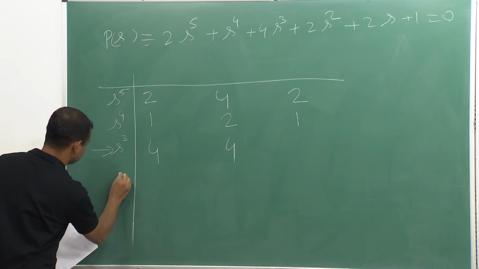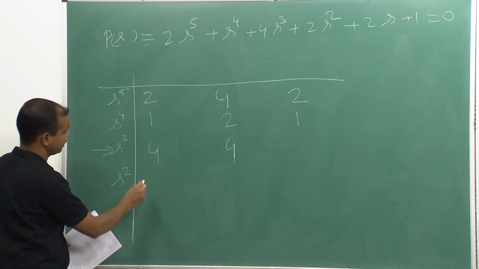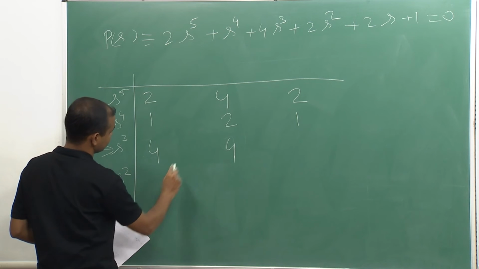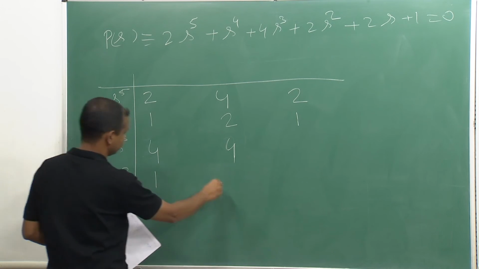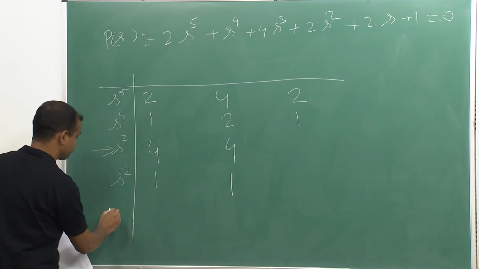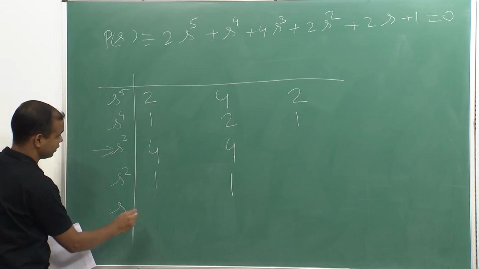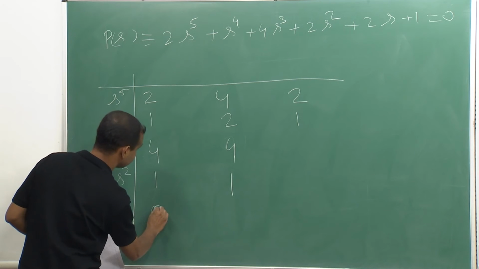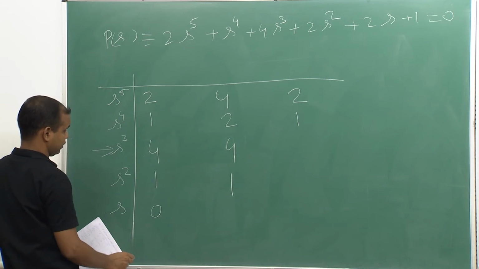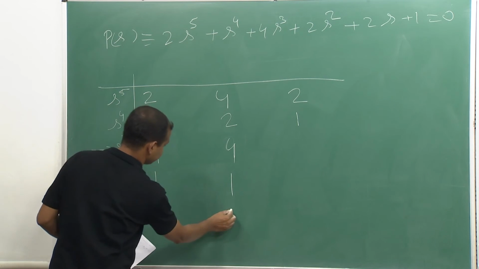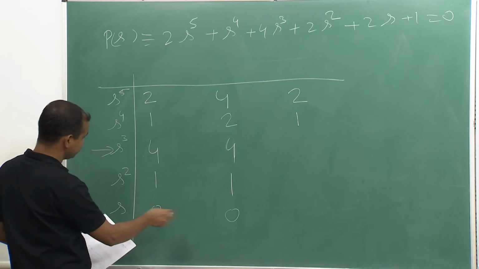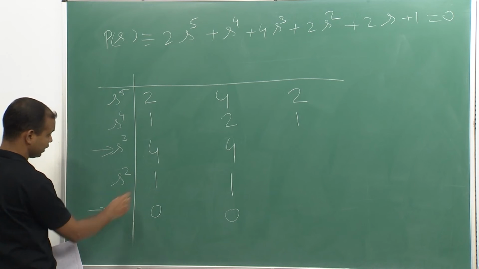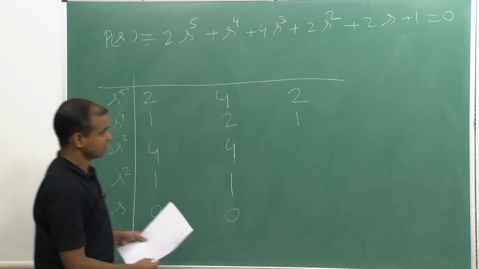Now, for s square, we will get (8 minus 4), that is 4, divided by 4, that is 1, and here I will get 1. For s, I will get 4 minus 4, this is 0, and this is already 0. So, again we are getting all 0 in this row. So, I will have to form one more auxiliary equation.